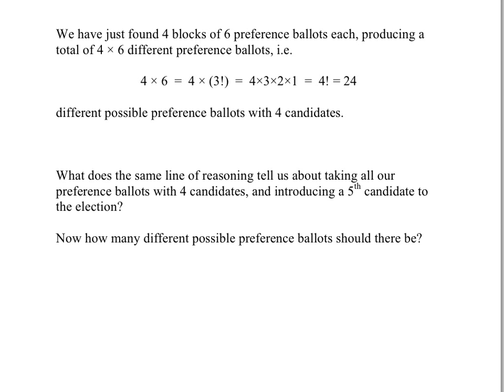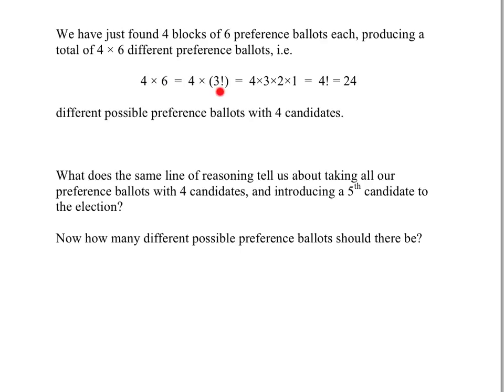We've just found 4 blocks consisting of 6 preference ballots each. So that produces a total of 4 times 6, so 6 plus 6 plus 6 plus 6, different preference ballots. So in other words, 4 times 6, but 6, remember, is 3 factorial.